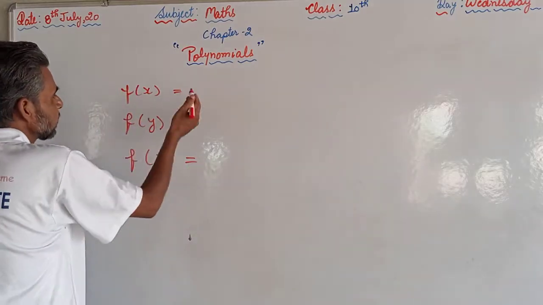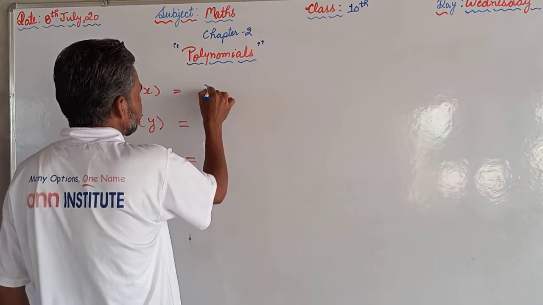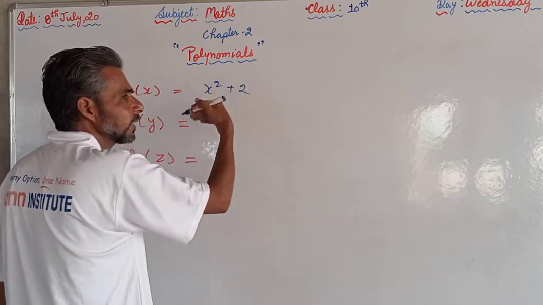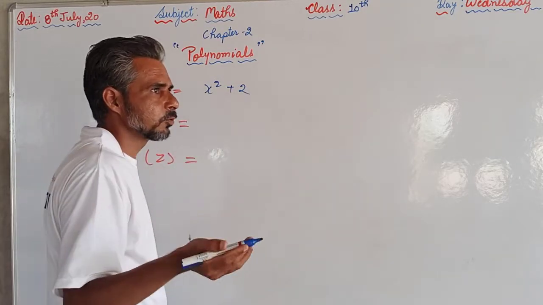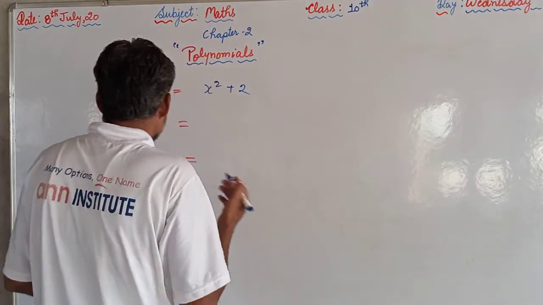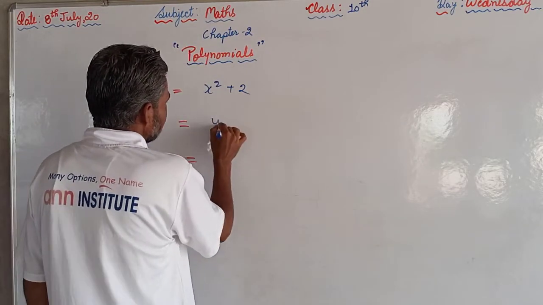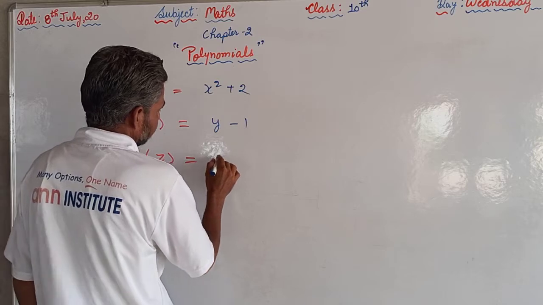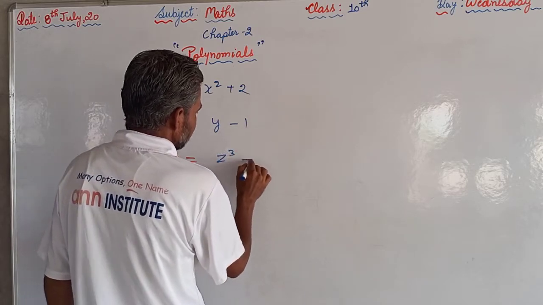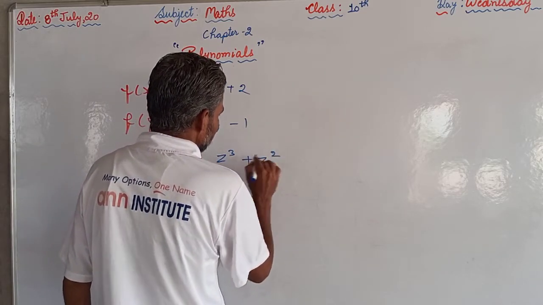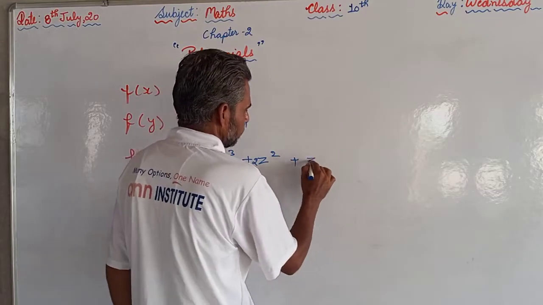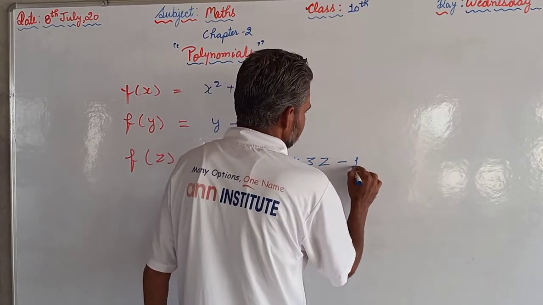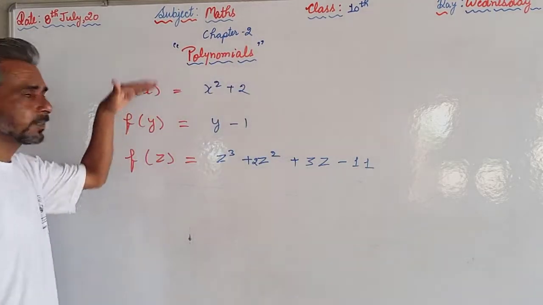Suppose f(x) means x square plus 2. We can take any number of terms we want to take. Here y minus 1, z cube plus z square, 2z square plus 3z minus 11. So these are the examples.